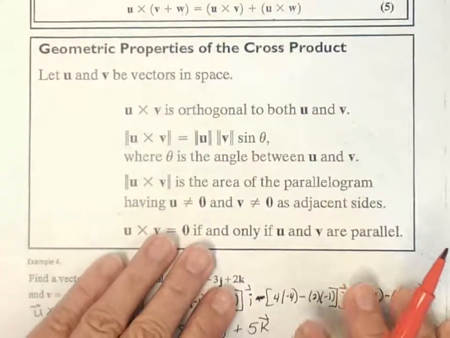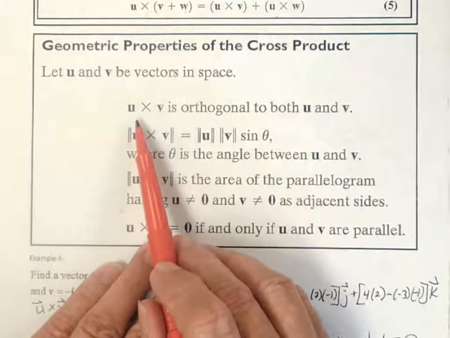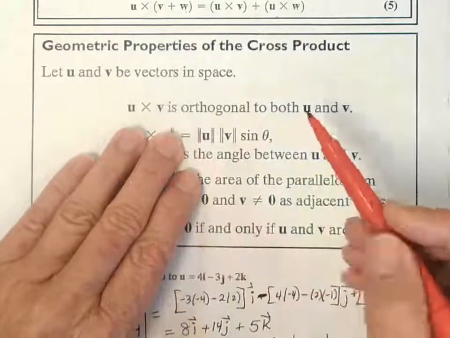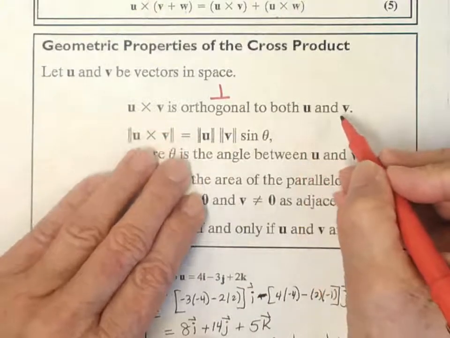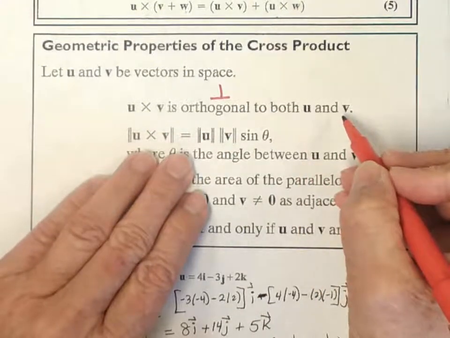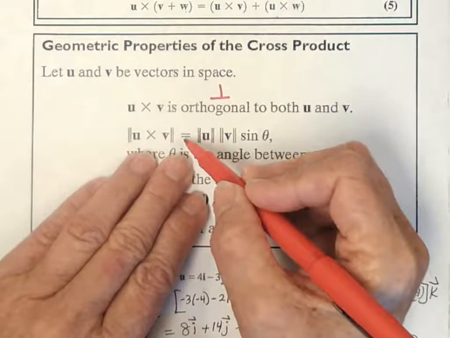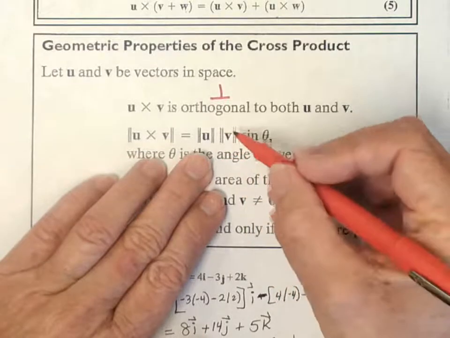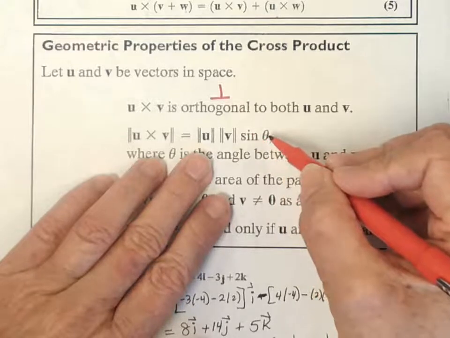Some geometric properties from the cross product. U cross v, by definition, is the vector that is orthogonal, or perpendicular, remember, to both vector u and vector v. The magnitude of the cross product is equal to the magnitude of u multiplied by the magnitude of vector v times the sine of angle theta.